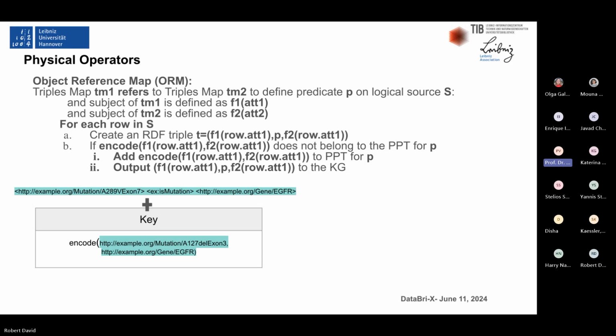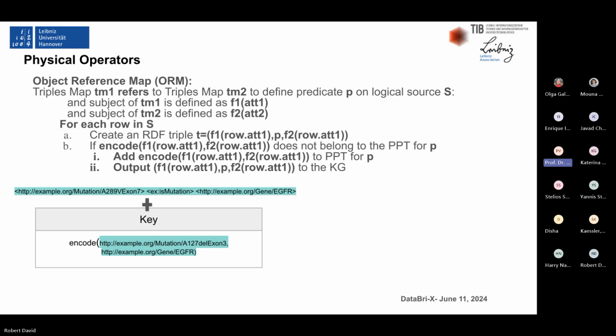The engine is able to efficiently execute this join, keeping all that is necessary to generate triples that are not duplicated. So it receives a triple map, verifies that the join between these two triple maps is over the same data source, and avoids the duplicate generation.